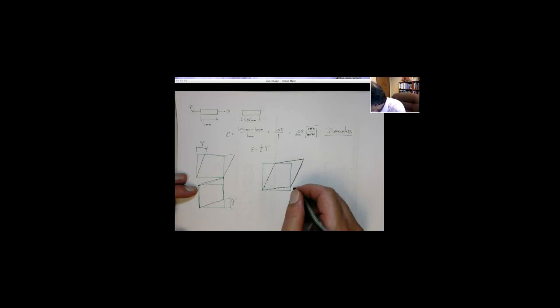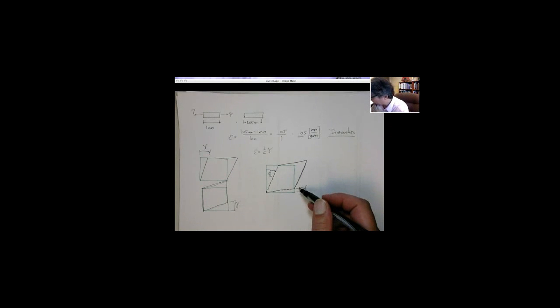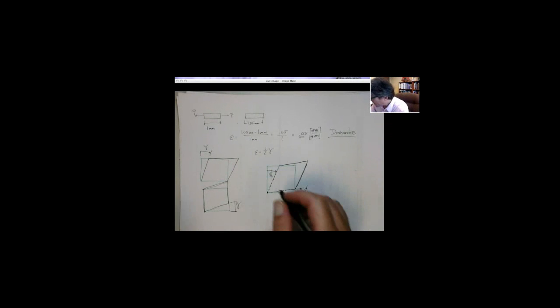And I'm going to call this angle phi1, and this angle here phi2. And I'm going to be careful about the orientation of the angles. And we can even call this angle here theta. That's the included angle.